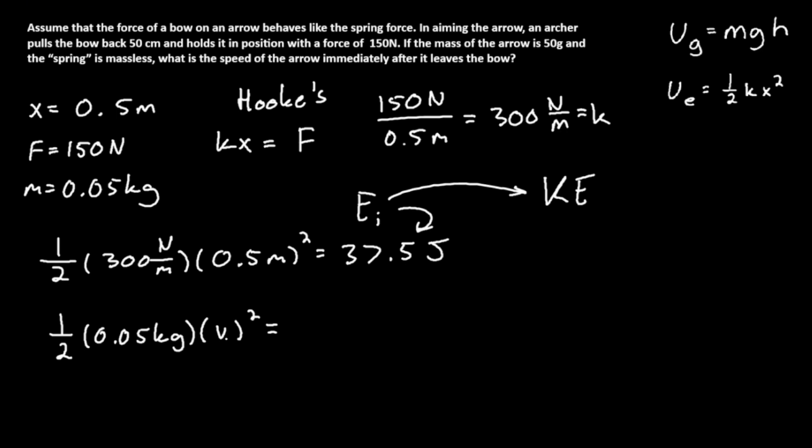What do you set your kinetic energy equal to? Remember, all the spring stored potential energy turns into kinetic energy. So you set the kinetic energy of your arrow to be 37.5 joules. And once you do some algebra, your final speed of the arrow is equal to 38.7 meters per second.